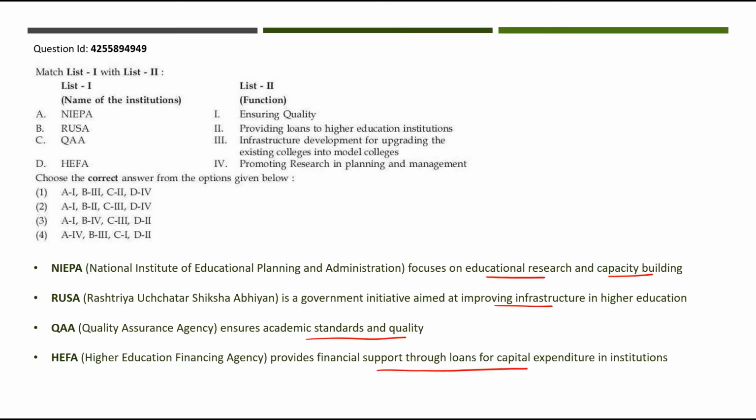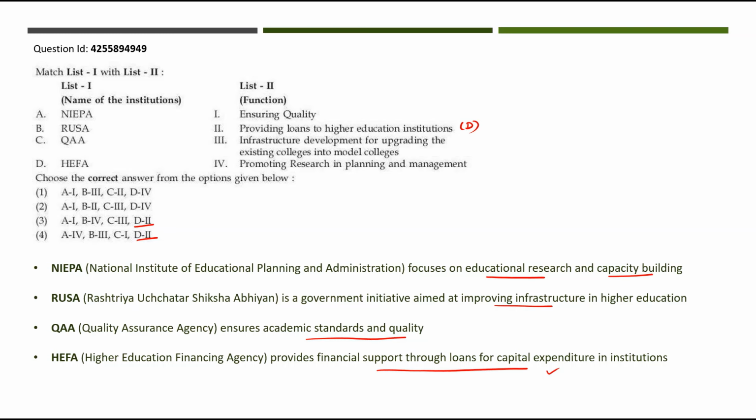Now let's get into list 2. Providing loans to higher education institutions is what you can find in Higher Education Financing Agency. So D will be mapping to 2. D2 is available here. What about Rashtriya Uchchatar Shiksha Abhiyan? It's about improving infrastructure.